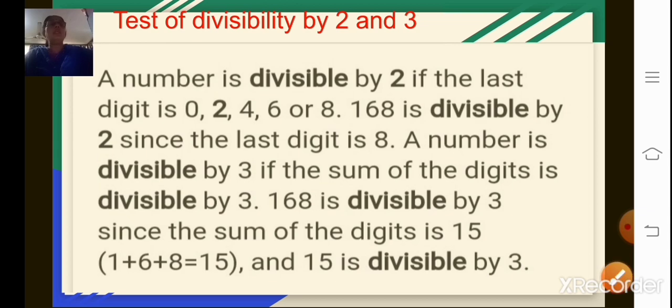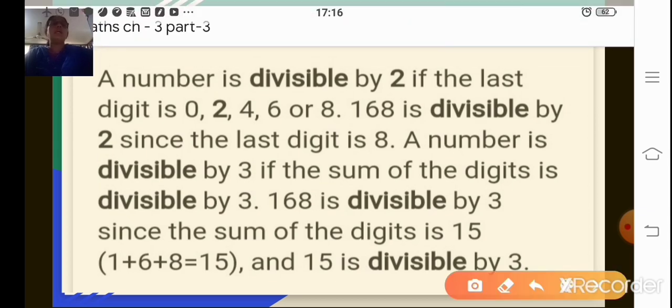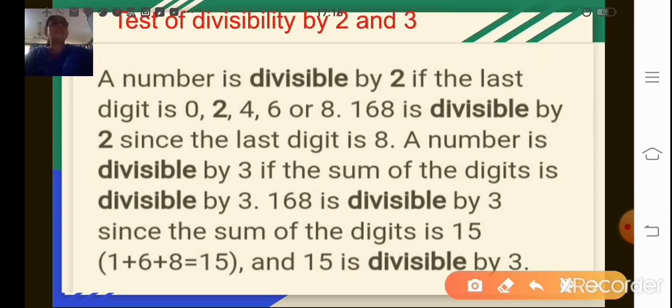Here we have taken the example of 168. 168 is divisible by 2 since the digit in the ones place is 8. So we can say that 168 is easily divisible by 2.